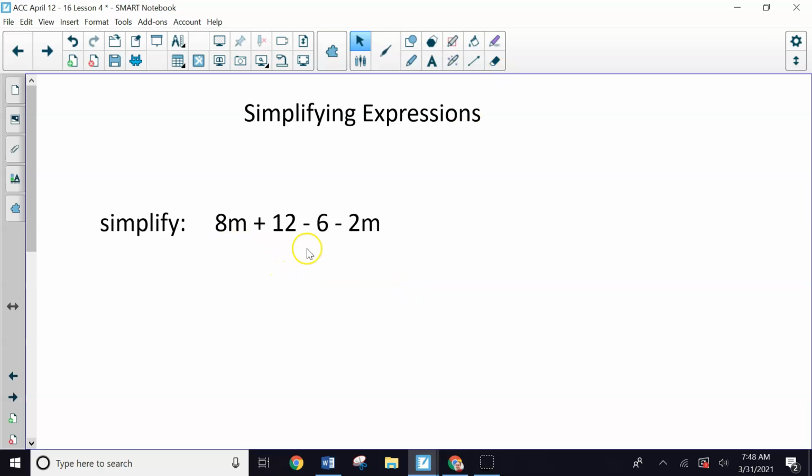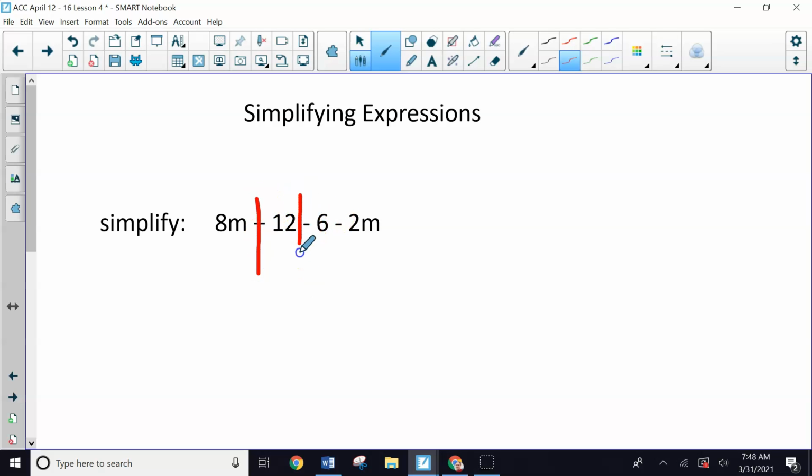Here we have 8m plus 12 minus 6 minus 2m. If you remember, like terms can be combined. We don't have any parentheses or brackets used as grouping symbols, so we don't have to worry about those, but we do have some like terms. To figure out where the terms are, wherever we see addition and subtraction, we can block those off.